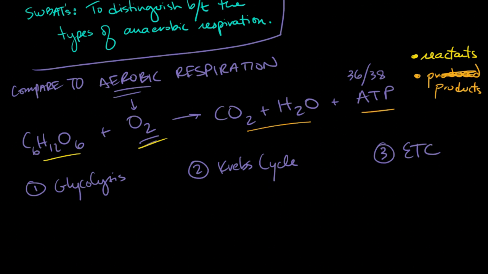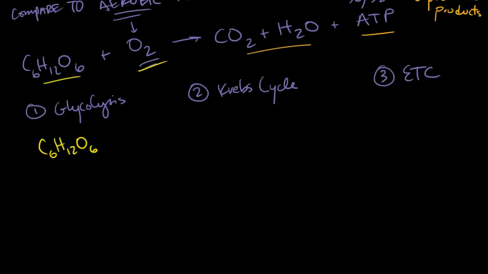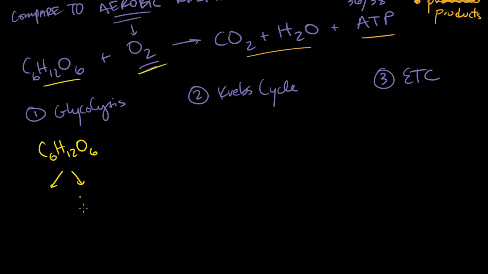The input is C6H12O6, the glucose, and the glucose gets broken down into 2 pyruvates, or pyruvic acid, as it's sometimes called. Actually, I apologize, let me erase this and write this in orange, because the pyruvate is one of the products of this particular reaction.